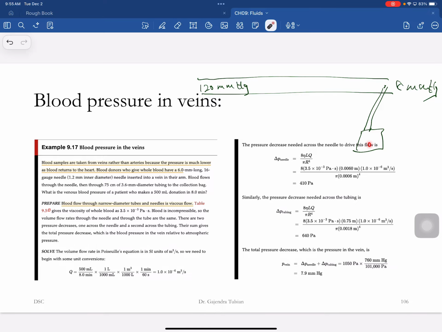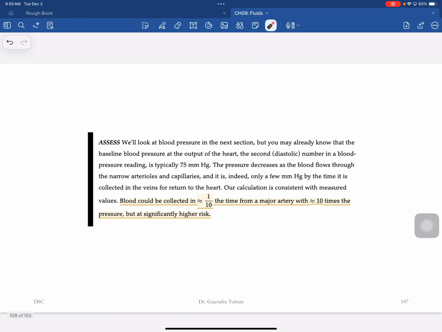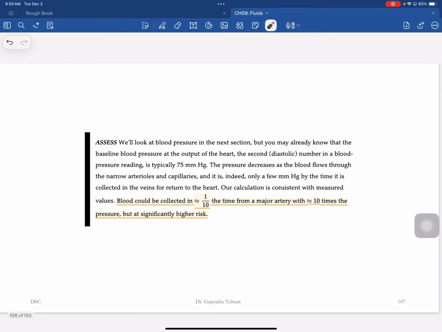The bag is sitting at the same level as your arm. That's what that problem says. Blood could be collected in 1/10 the time from a major artery with 10 times the pressure, but with significantly higher risk. So you don't draw blood from arteries just because you don't want it gushing up.